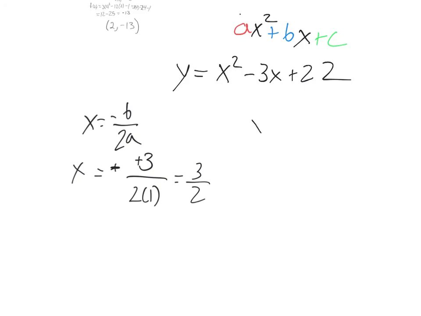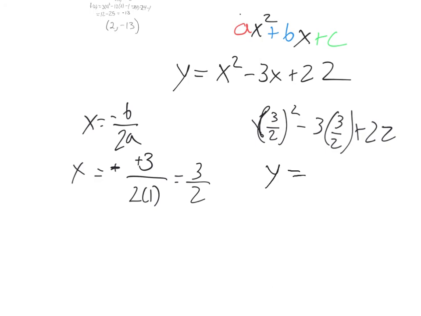So now I'm plugging in x for 3 over 2 into x squared minus 3 times 3 over 2 plus 22. Since this 3 over 2 is a fraction, I'm going to plug that into my calculator. Once I plug that into the calculator, I get y equals 19.75.